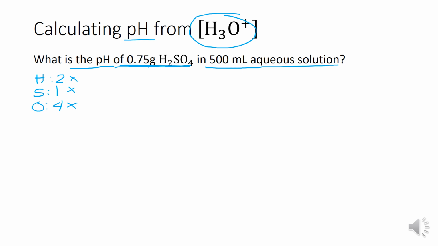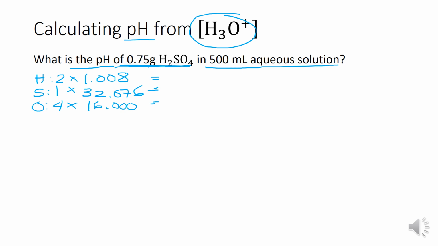The atomic weight of hydrogen is, let's use three decimal digits, 1.008. For sulfur, it's 32.076. And for oxygen, 15.999, so we can round that off to 16.000.